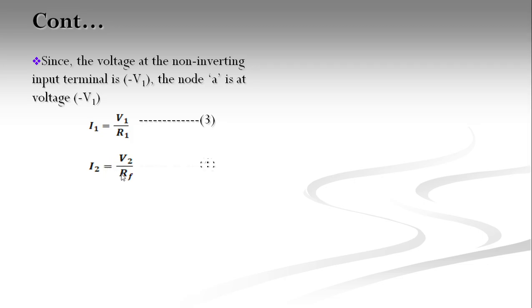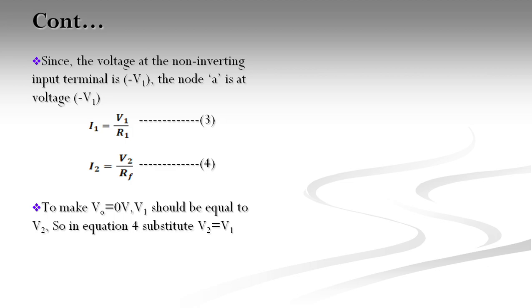Let us consider this equation number 4. We have seen the assumption that to make V0 equal to 0, V1 should equal V2. So in equation 4, substituting V1 in place of V2, I2 becomes V1 divided by RF, which is equation number 5.